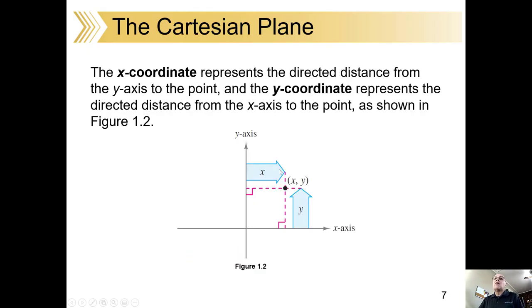Now, I would have done this a little bit differently, frankly. I would rather this arrow for the x be down here at the bottom, because if I've got an ordered pair, the way I'm going to find the point is start at the origin and go the x distance, then the y distance to end up with that point.